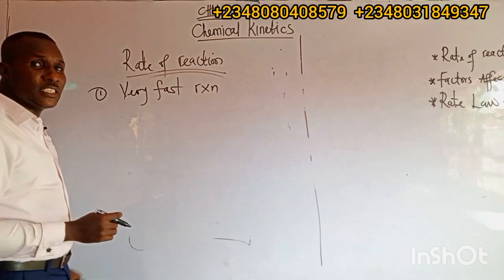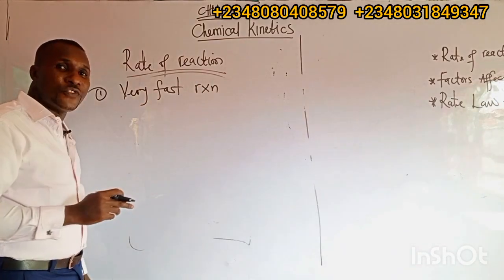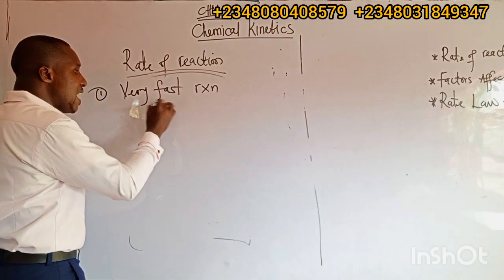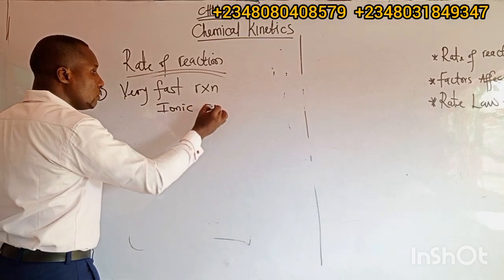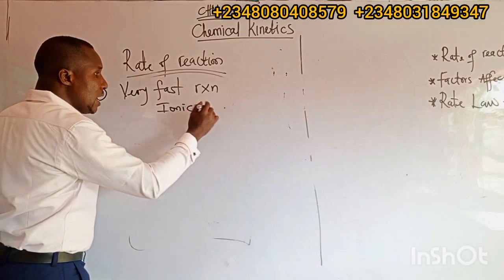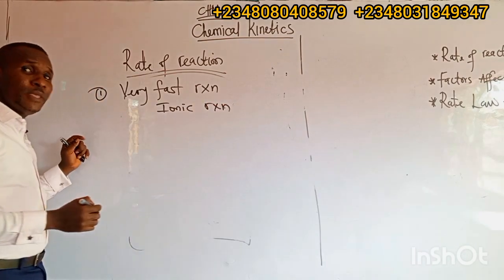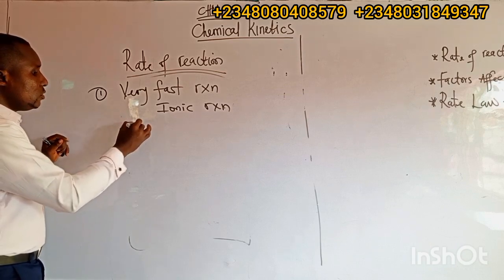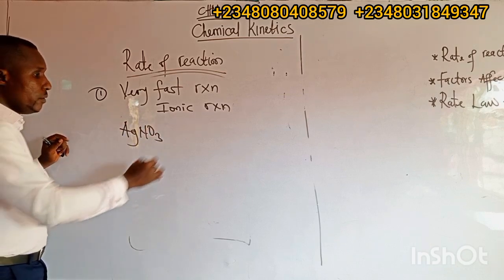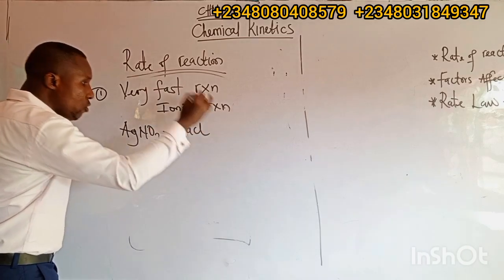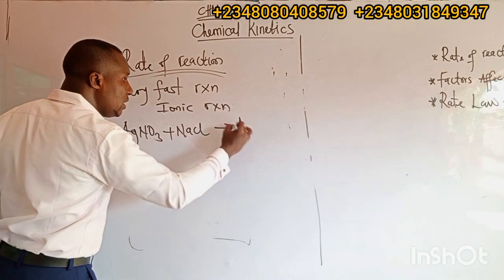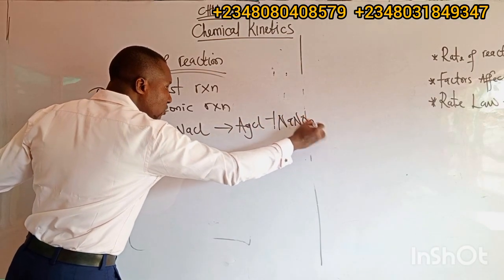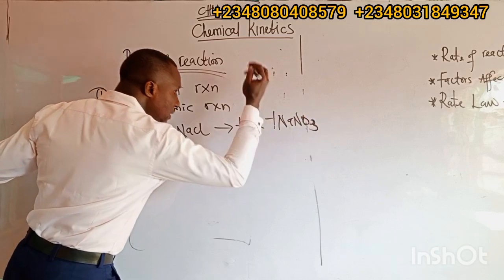For a reaction that is very fast, the rate of reaction cannot be measured. An example of a very fast reaction is an ionic reaction. For example, silver nitrate reacting with sodium chloride to give silver chloride plus sodium nitrate.